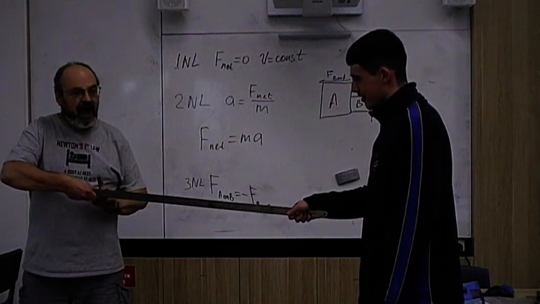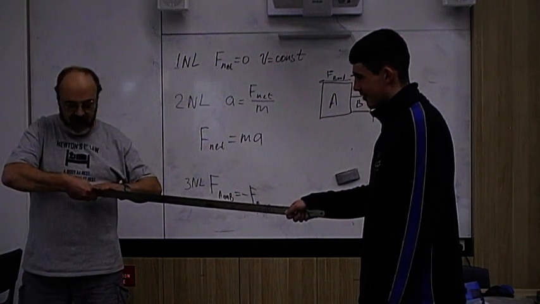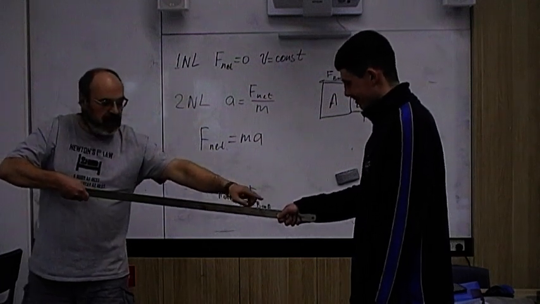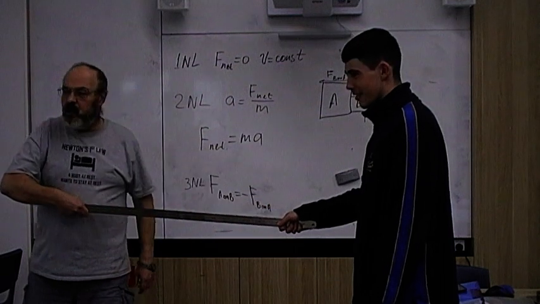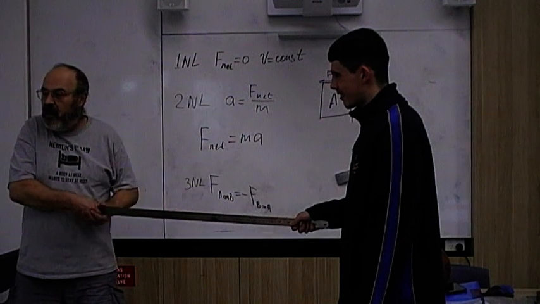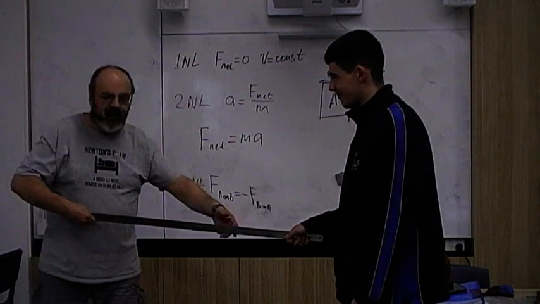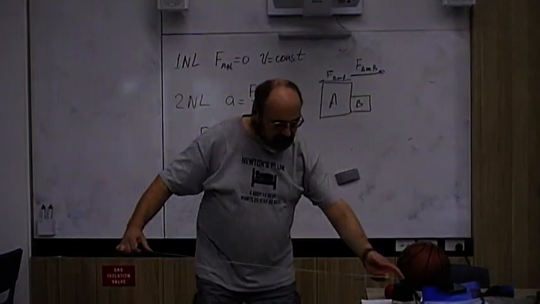As I'm applying force on this, the same force is applied on me. So with the same forces I'm pulling here, he's pulling there. It always should be a draw, because the action-reaction forces are the same.